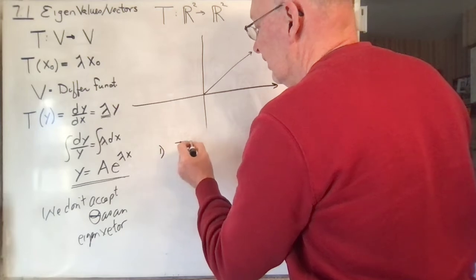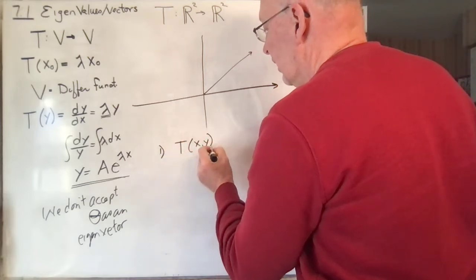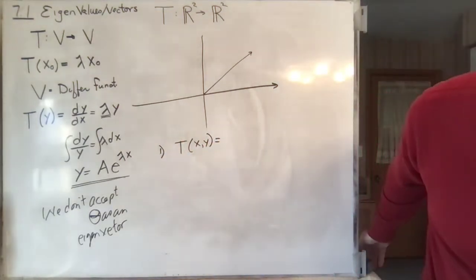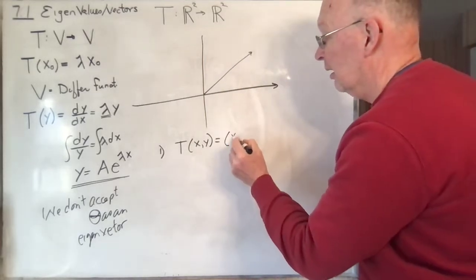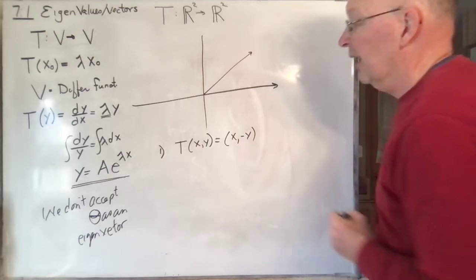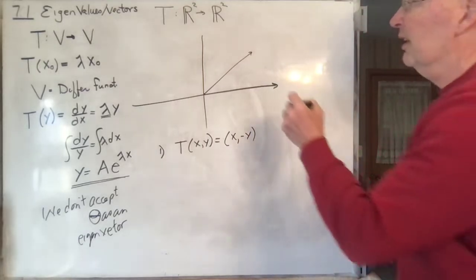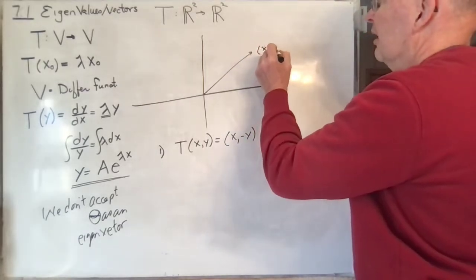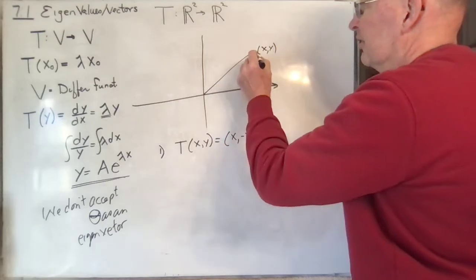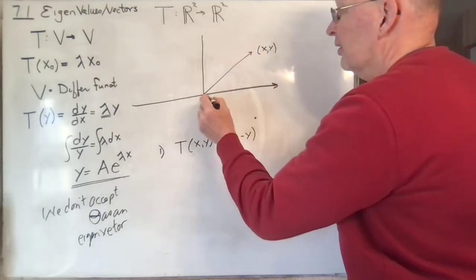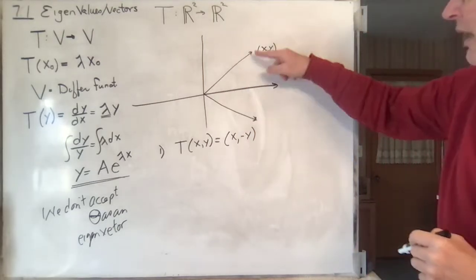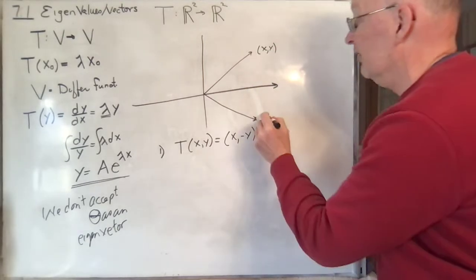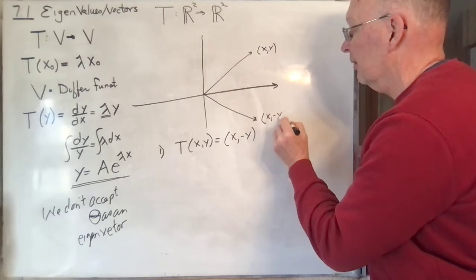Let's look at T of xy gets sent to x minus y. Okay, so here's xy right here, and this vector gets sent to this vector. There's x minus y right there. See that?